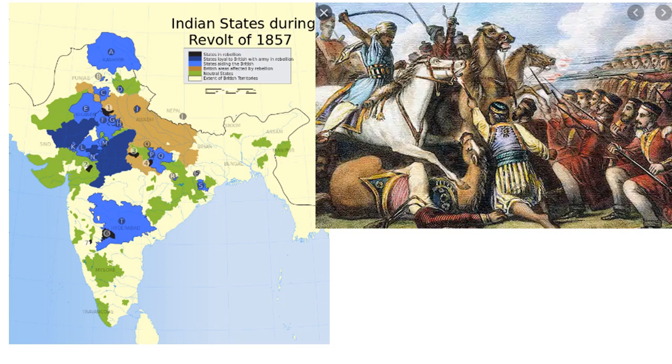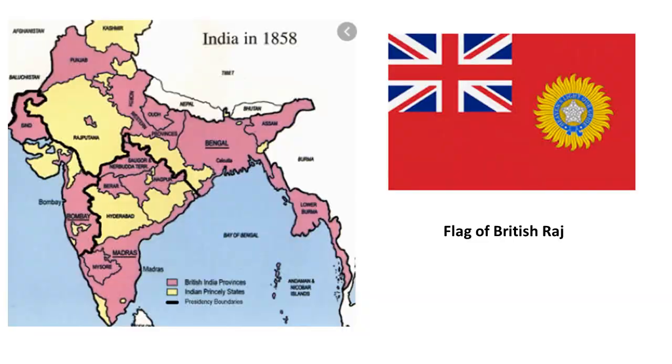And so after this rebellion of 1857, the control of India was transferred from the East India Company to the Crown, to the Queen, that is to say, to the state. An expression was coined, British Raj, which refers to this British rule of India.